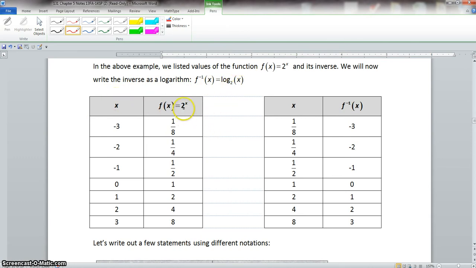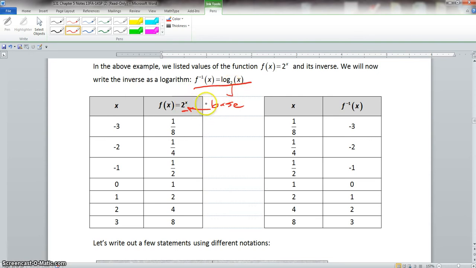Now, if you look here, this 2 is our base. Let me see if I could draw a line to it. Okay. Well, we know that the 2 is the base. Now, when we come here, this 2 here is also our base.